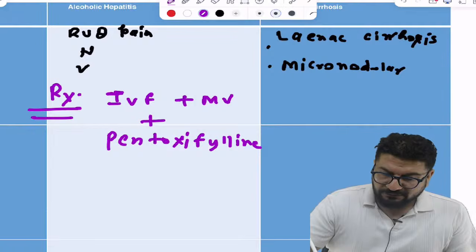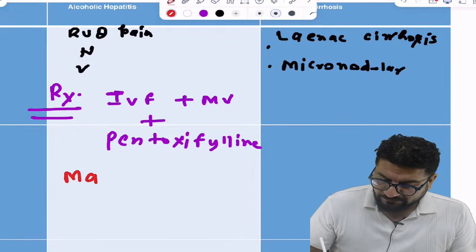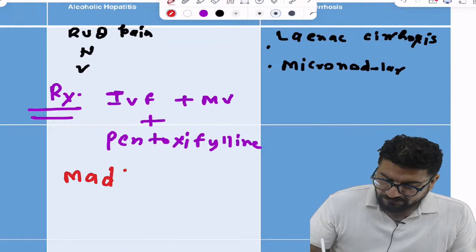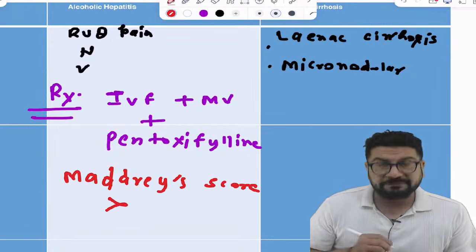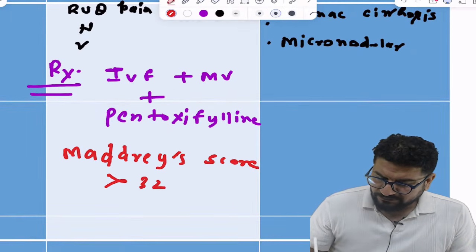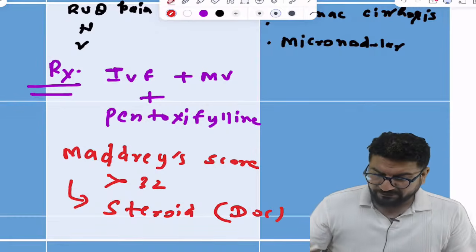Then we calculate a score, आपको एक score calculate करना है. The score is called Maddrey's score, or Maddrey's discriminant function. If the Maddrey's score value is more than 32, then we give steroid. So the drug of choice in alcohol hepatitis will be steroid.